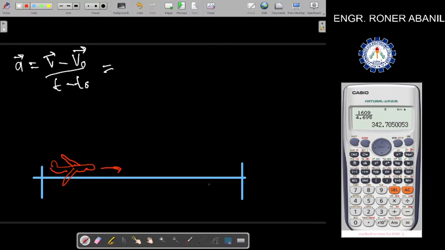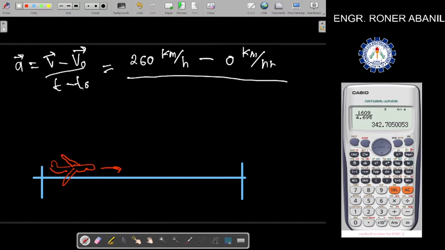So, ang mangyayari dito, hanapin natin yung final velocity. Yung V natin is positive 260 kilometer per hour. No? Minus the initial. Yung initial niya daw is 0. Okay?